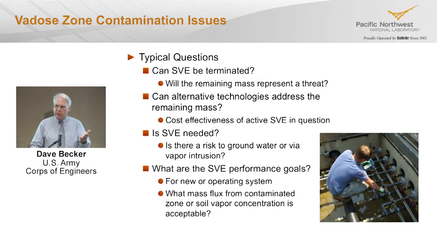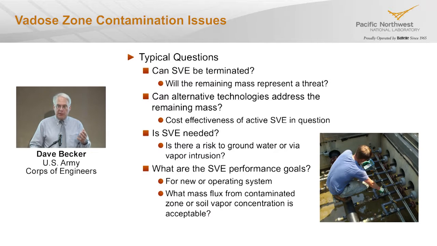You've probably dealt with these kinds of sites. You have a standard, perhaps a soil concentration standard that you have to meet. You're going to collect data about your soil gas concentrations, the influent to the SVE system, and soil gas concentrations in the soil vapor probes that you may have at the site.